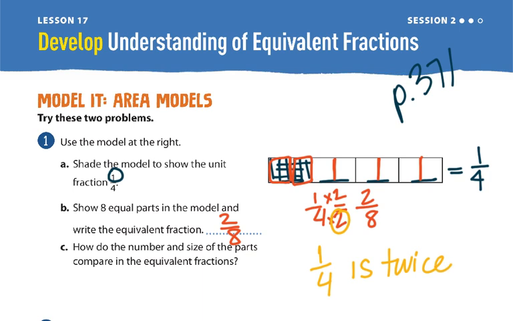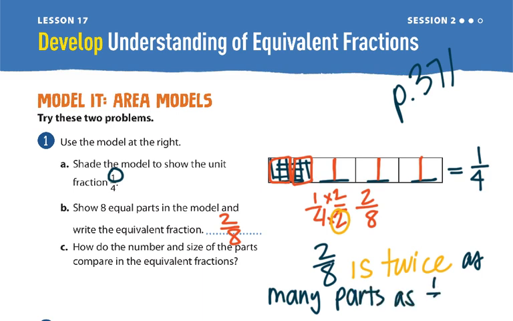Timesing by 2 is like saying the same thing twice. Twice, nope, it's not 1/4. It's 2/8 is twice as many parts as 1/4.